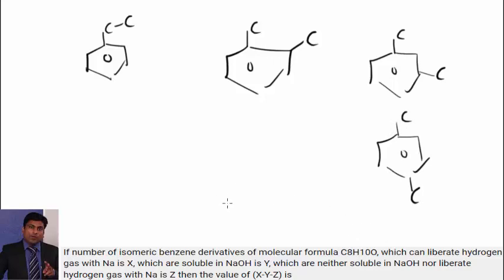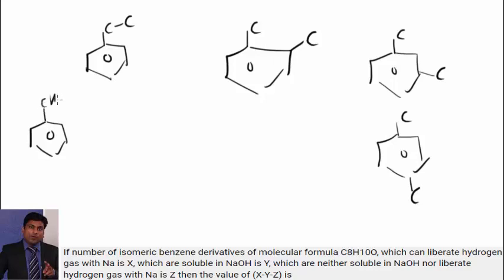Now you try to connect OH. Whenever you connect OH with a benzene ring, you are going to get phenol. So if you try to write the possible phenols, please note that if you connect OH at this position, they will be identical, so you'll get only one from there.